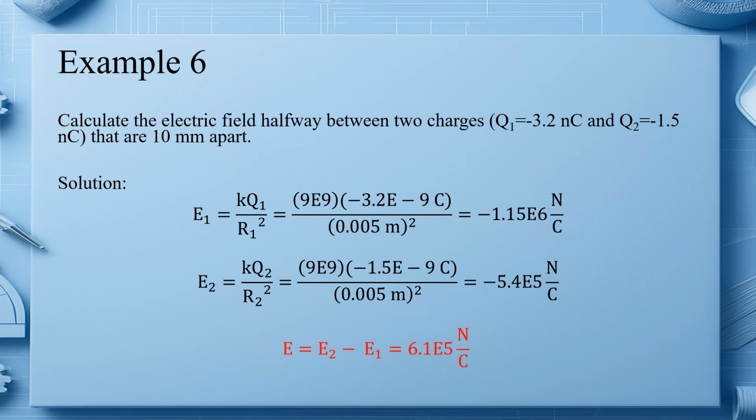So another example, calculate the electric field halfway between two charges. Q1 is equal to negative 3.2 nanocoulomb, and Q2 is equal to negative 1.5 nanocoulomb. They are 10 millimeters apart. So we have to convert the millimeter into meter because that is our basic unit.